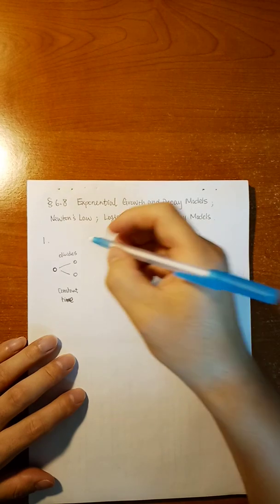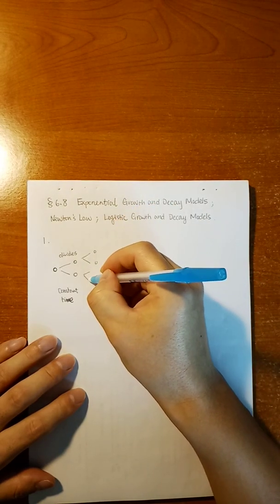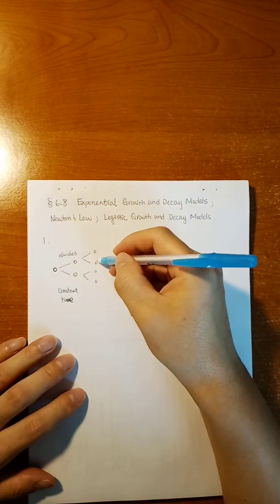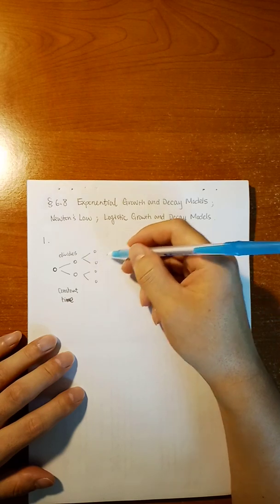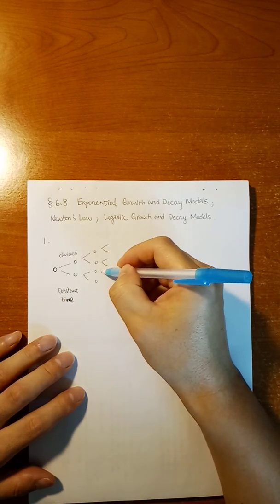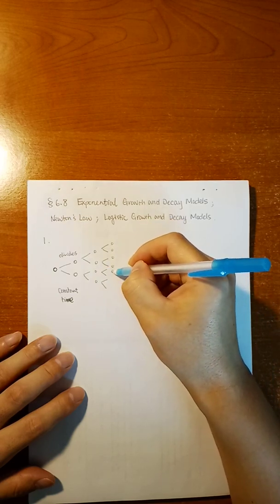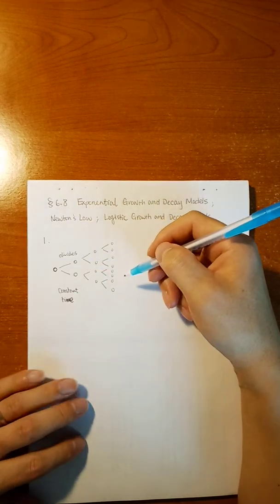And after the next constant time, each cell divides into two new cells, and then after another constant time, each cell divides into two new cells.